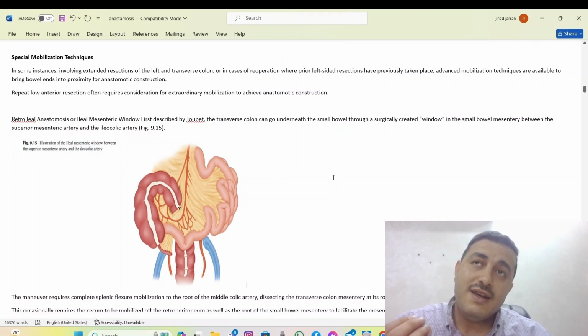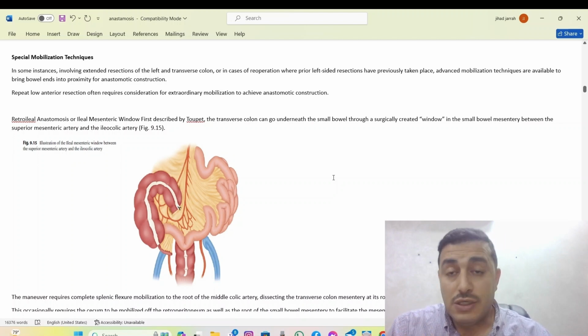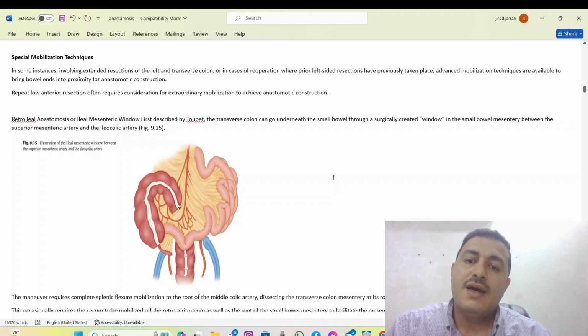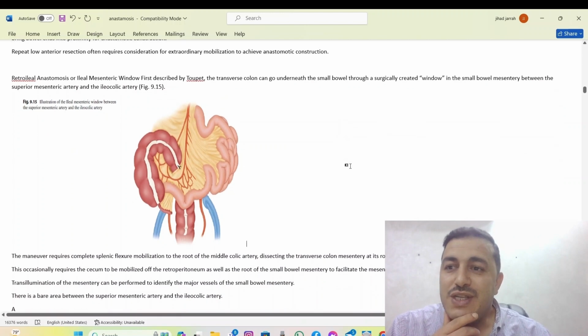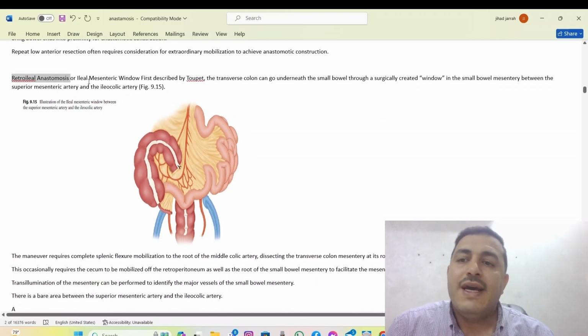The need for these techniques appears when we are talking about repeated low anterior resection, ultra low resection. So we need the proximal part of the bowel to reach extremely distal, and one of these procedures is what we call the retroileal anastomosis or ileal mesenteric window.